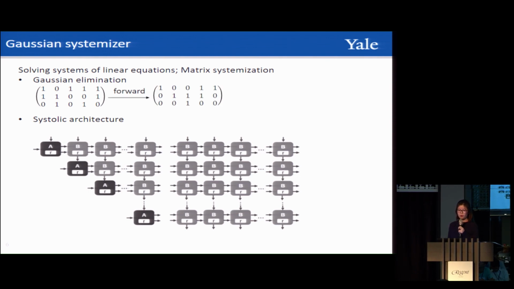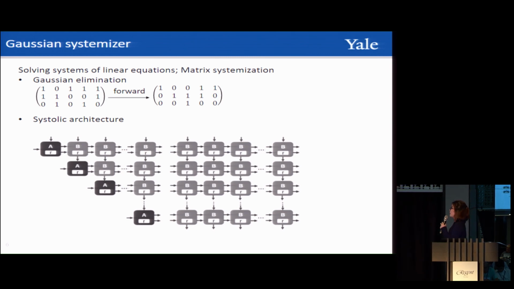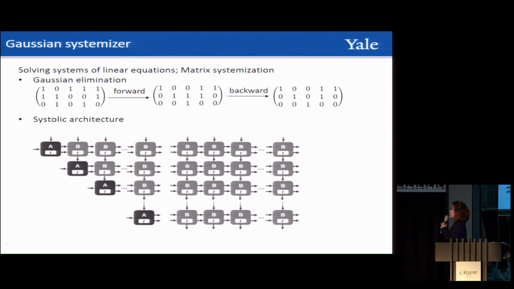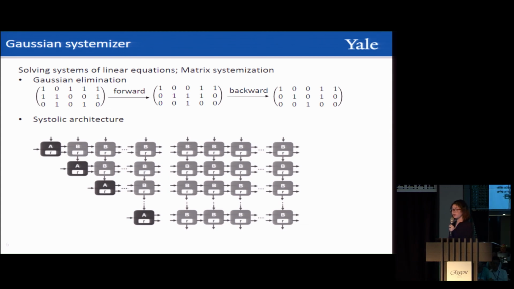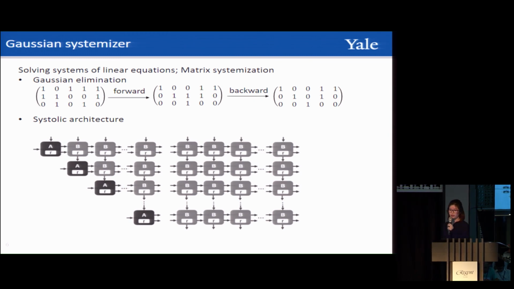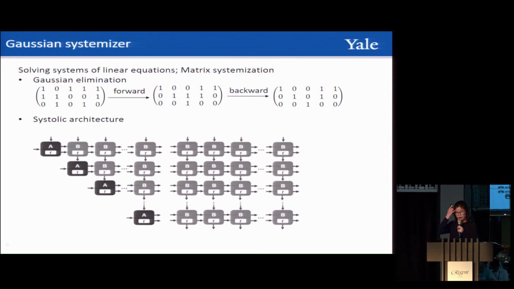First, you do a forward elimination, which transforms the left side of the matrix into an upper triangular form. And then you revert this forward process, which means you do a backward elimination. And then the left side of the matrix is fully eliminated. And then all you need is to keep the right side of the elimination result.